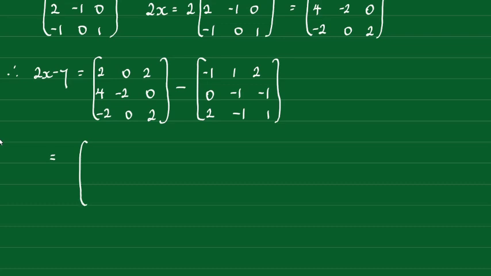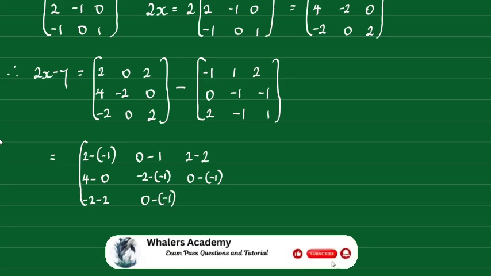the matrix: 2 minus -1, next we have 0 minus 1, we have 2 minus 2, at the bottom we have 4 minus 0, we have -2 minus -1, we have 0 minus -1, we have -2 minus 2, we have 0 minus -1.